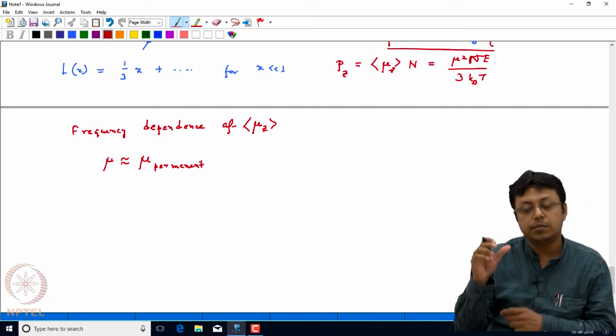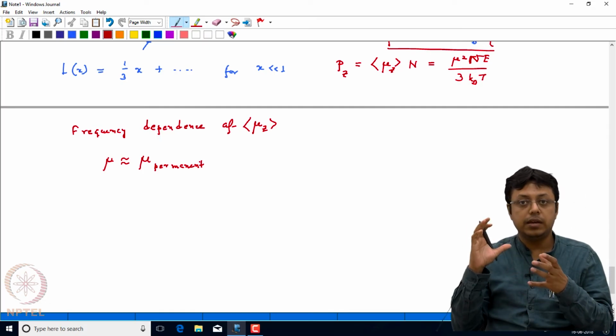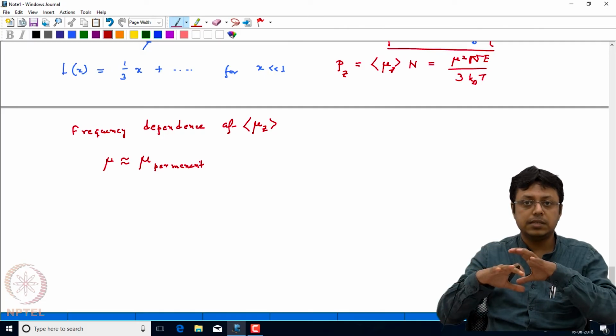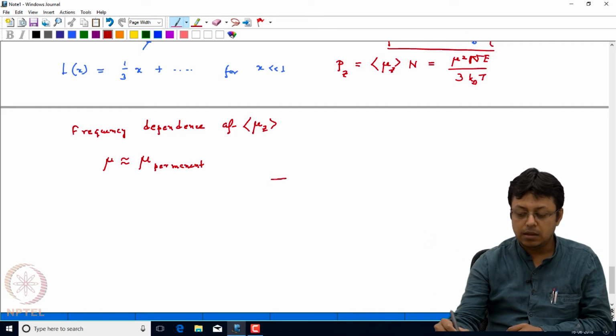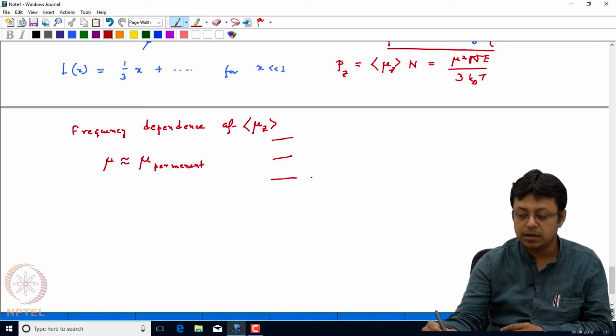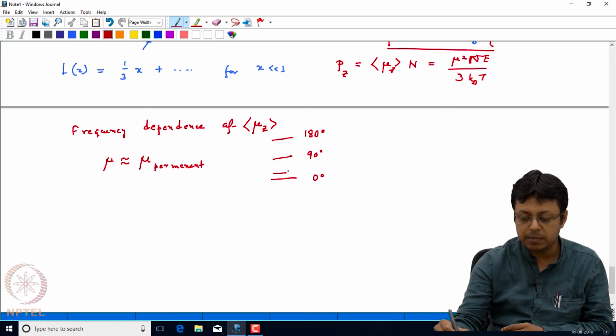And then these small little dipoles try to orient themselves, and they populate many energy states corresponding to the orientation. The lowest energy state is the 0 degree orientation, then a 90 degree orientation and a 180 degree orientation, and there are many such orientations in between.